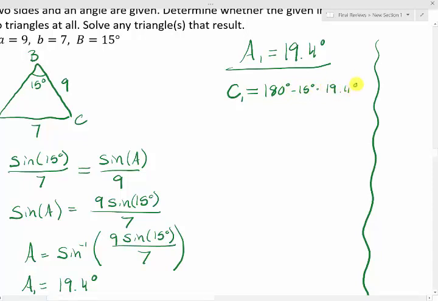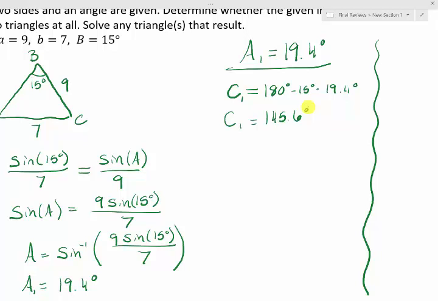So I get my angle C sub 1 equal to 145.6 degrees. So far I have angle A, angle B, side B, and now angle C. So all I have to do is solve for side C.